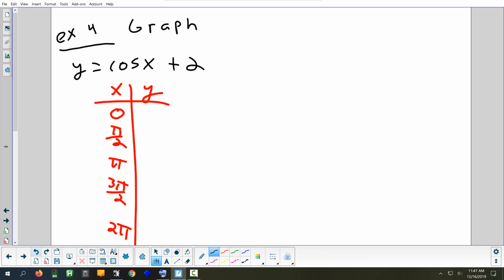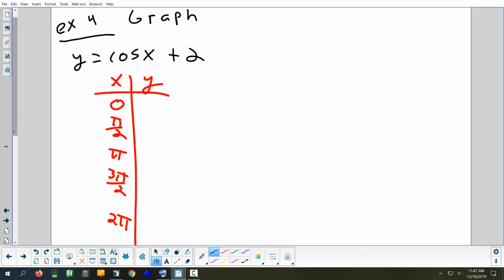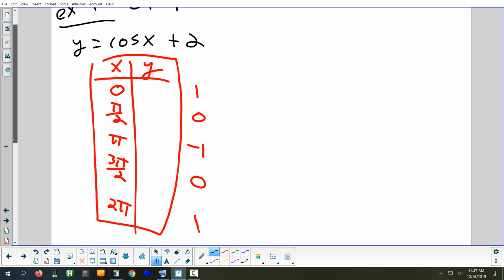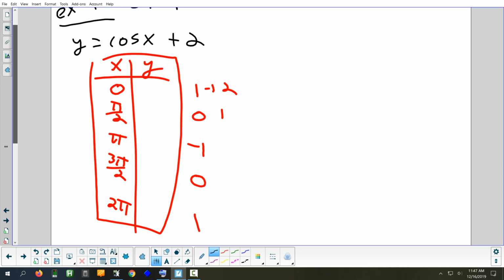Kaya, what are my Y values for cosine? 1, 0, -1, 0, and 1. And now, what am I going to do to all of them? Just add 2. That's it. You're not going to have to worry about common denominators, anything like that. Add 2. So, Eric, what are my new Y values? 3, 2, 1, 2, 3.